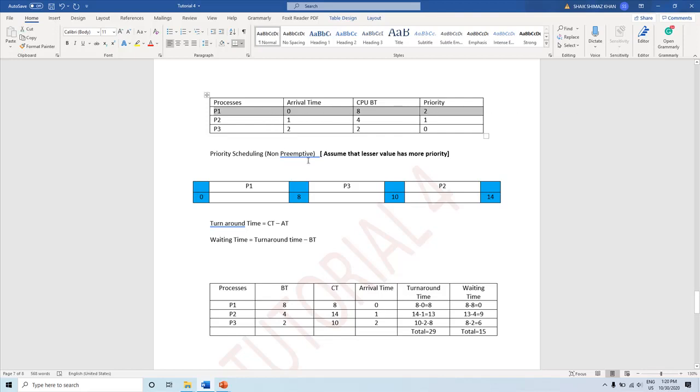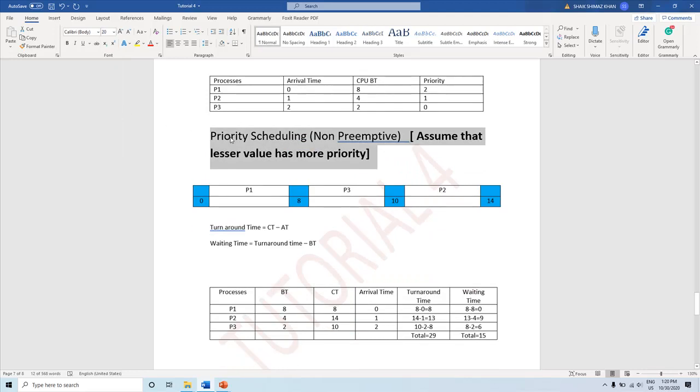So this priority based scheduling algorithm understand that the process will be scheduled based on their priority number. However, at time 0, only P1 exists in the ready queue.